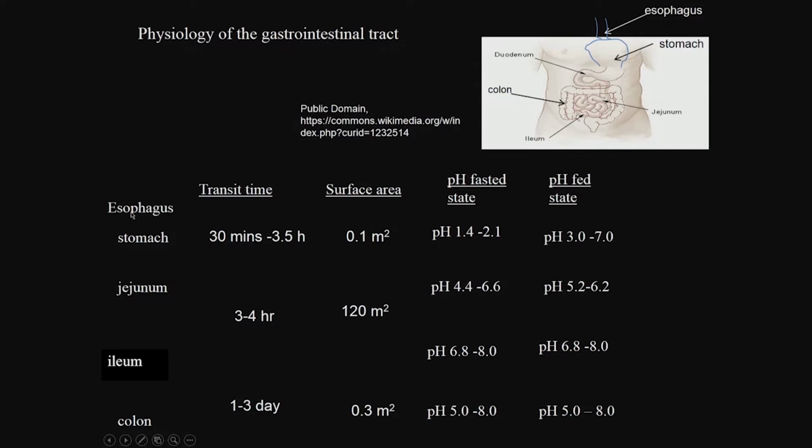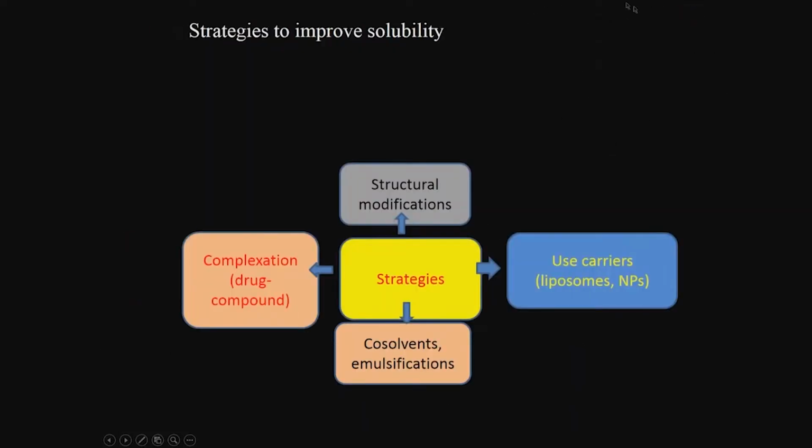So, we looked at what are the various strategies to improve solubility. We can do a lot of structural modifications, okay. Modify the log P, make it more hydrophilic, make it into a salt, add polar groups, okay, reduce the crystallinity of the material and so on. Or we can use carriers.